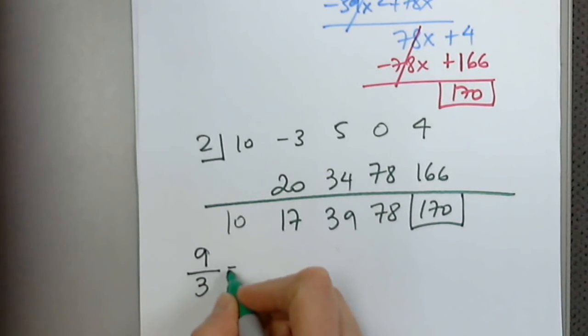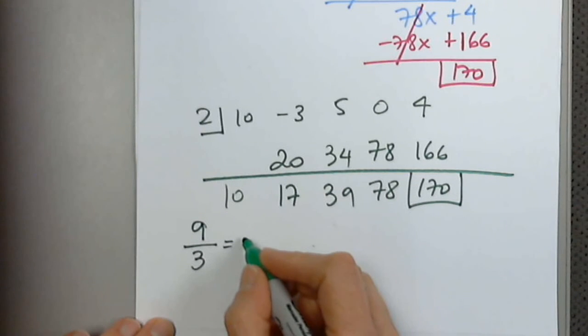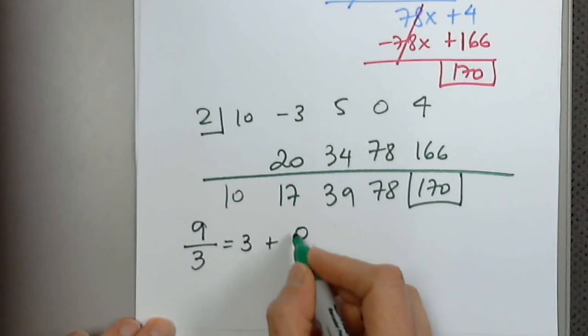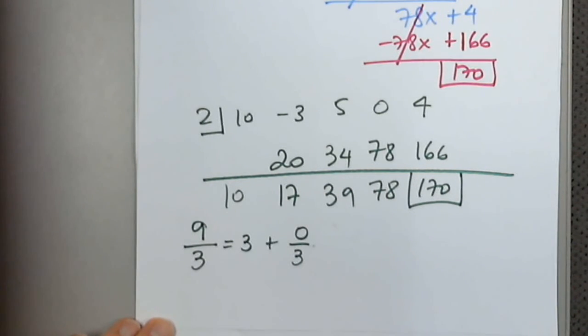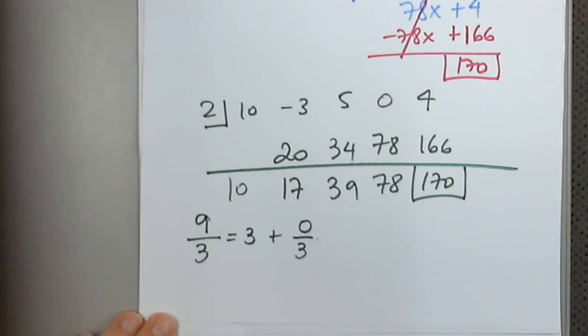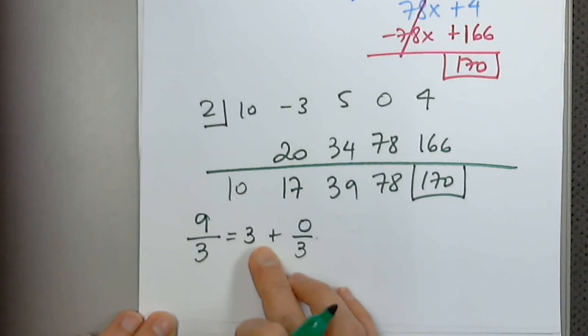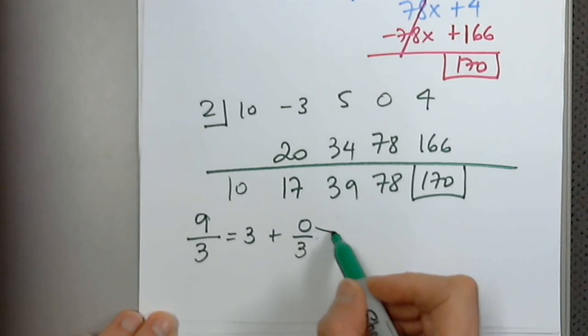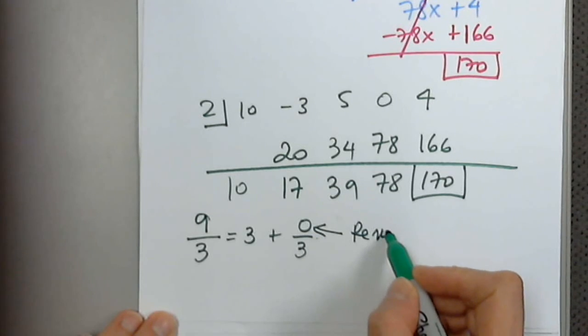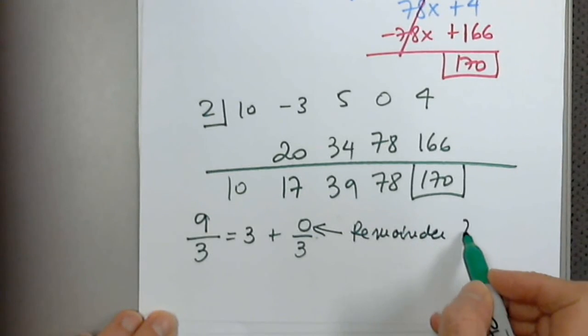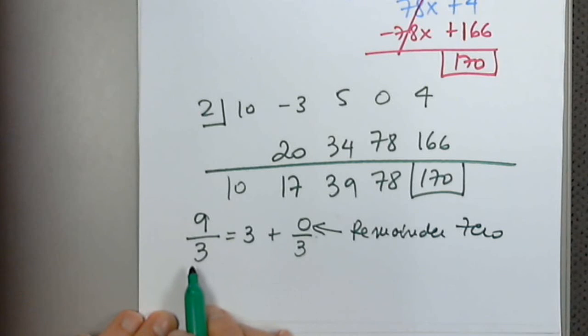Now, here's a question for you. 9 divided by 3. Can I say that this is 3 plus 0 over 3? Is that correct? This is 0. Is 9 divided by 3, 3? Very good. So when the remainder is 0, what can I say about 3?